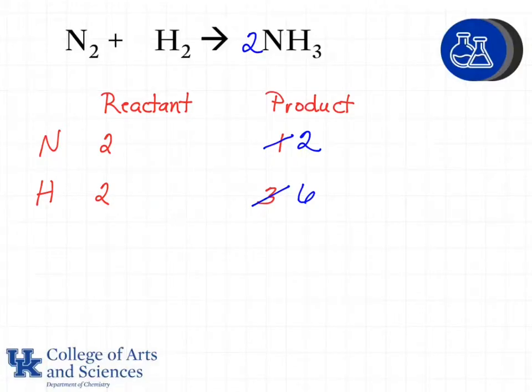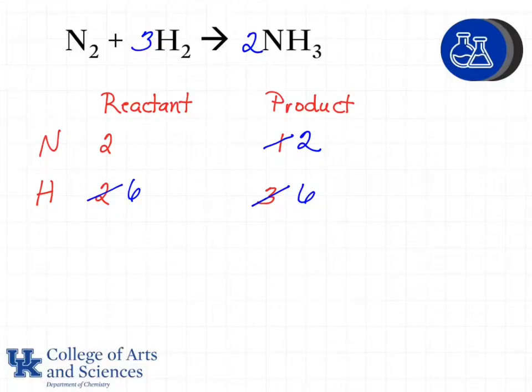Now I have 2 nitrogens on both the left and right side of the reaction, so I can say that the nitrogens are balanced. However, my hydrogens are not balanced, so I also need to change the coefficients in order to balance the hydrogens. I see that I have 2 hydrogens on the left and 6 on the right. If I put a 3 in front of H2, I will now have 6 hydrogens on the left and 6 hydrogens on the right.